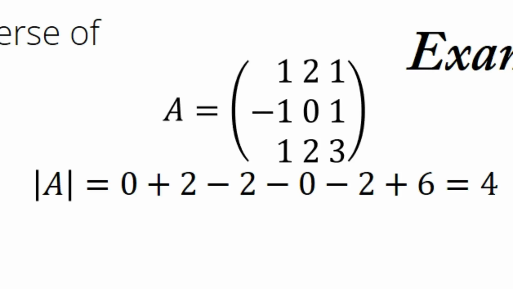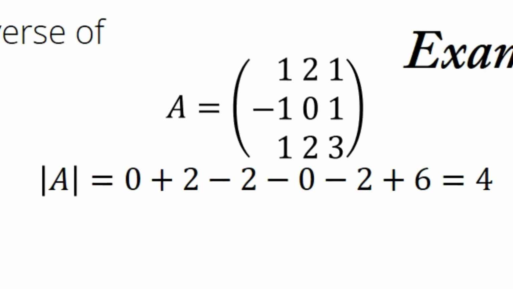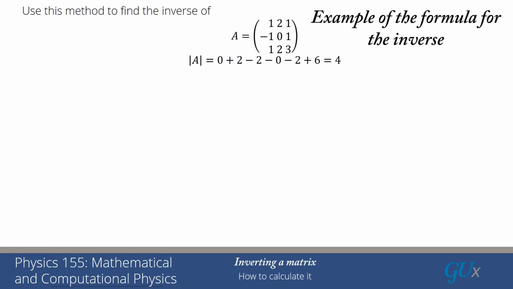And then I'm going to get minus 1 times 0 times 1, that's 0. I'm going to get minus 1 times 1 times 2, that's minus 2. And I'm going to get minus 1 times 2 times 3, that becomes plus 6. And so when I add them all together, I get 4. So that's the determinant of this matrix.